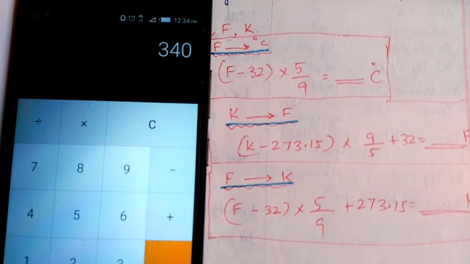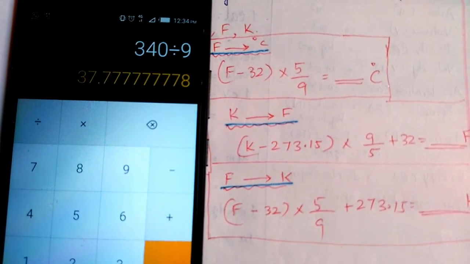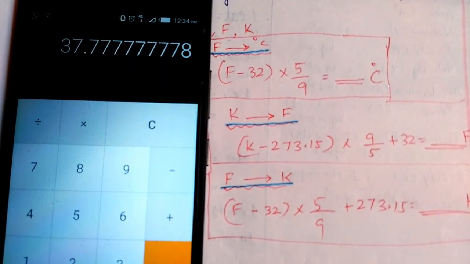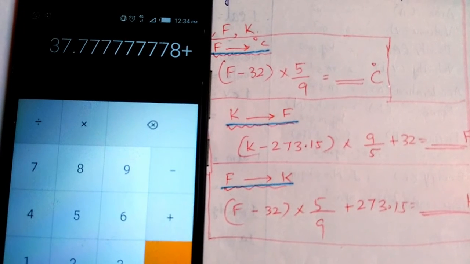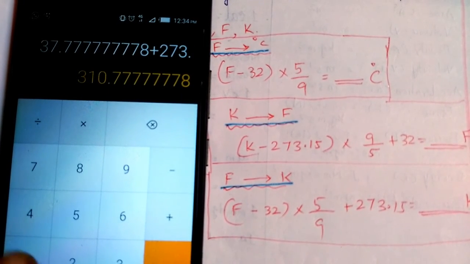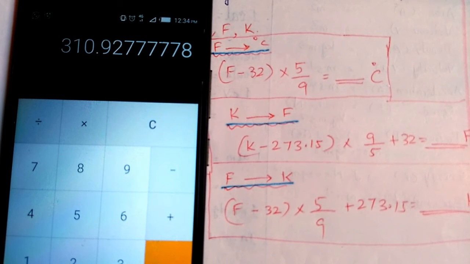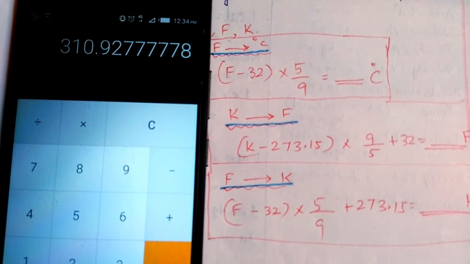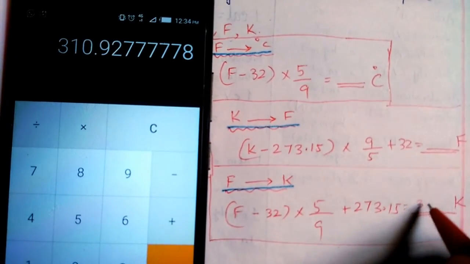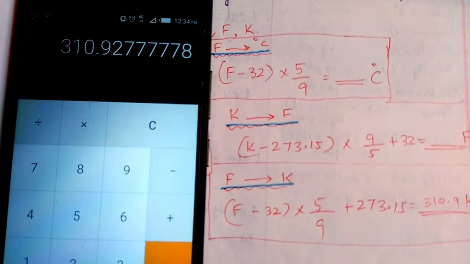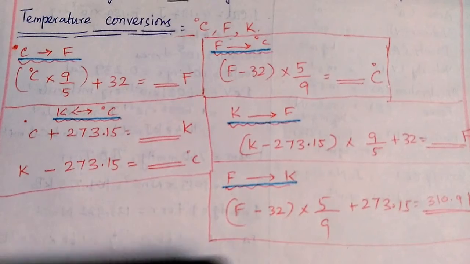We are getting 340. When we divide it by 9, we get 37.77 something. If we add that with 273.15, we get 310.92. Okay, we can have this as 310.9 Kelvin.